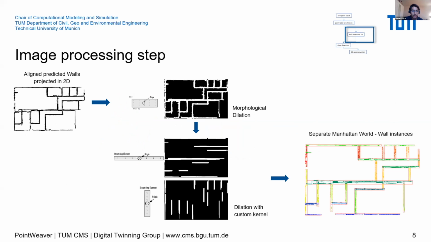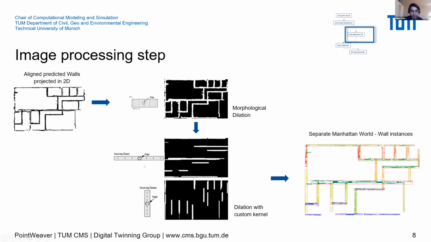To do so, we first perform a dilation operation with a rectangular kernel. With this step, we basically join all the walls in singular blobs. And we also then perform a dilation operation with a custom kernel.